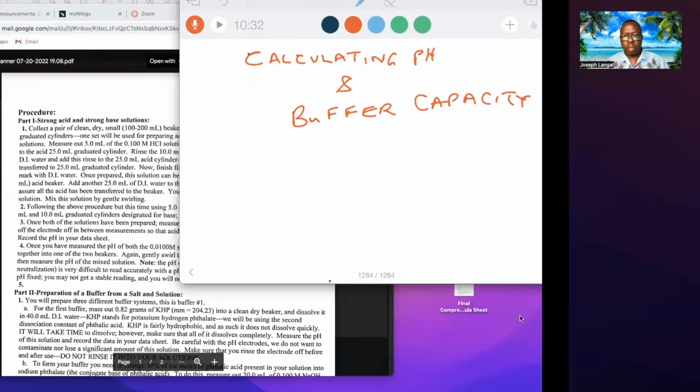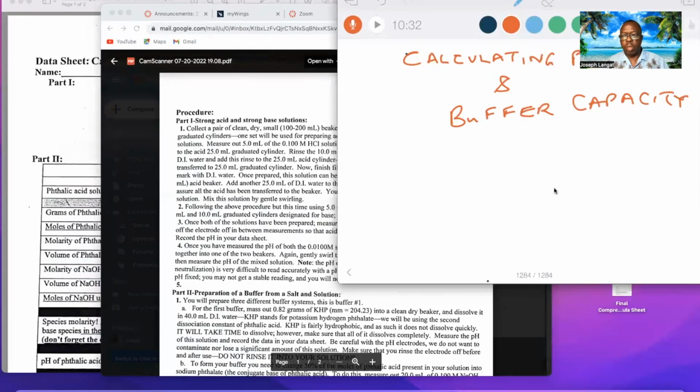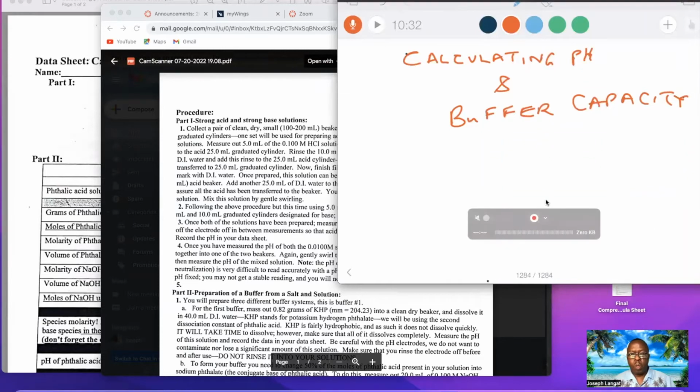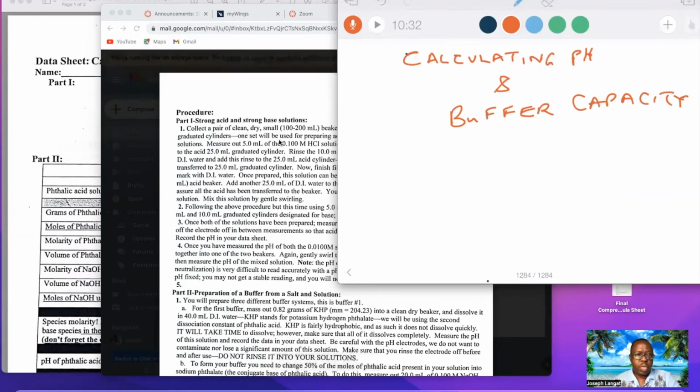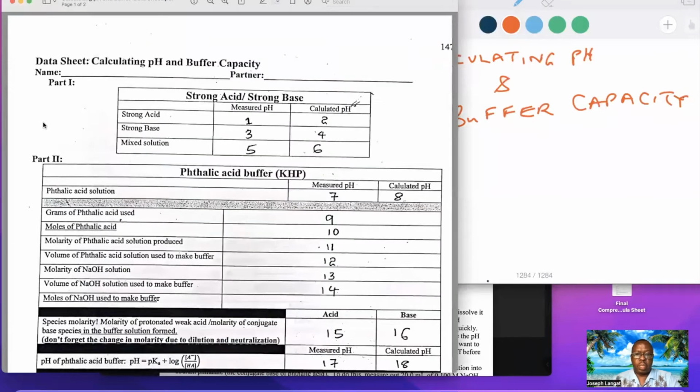screen so that you can look at my whiteboard. All right, right now you should be seeing the whiteboard. I'll be writing the equations, constants if need be, and I'll be toggling between the procedure and the data sheet.